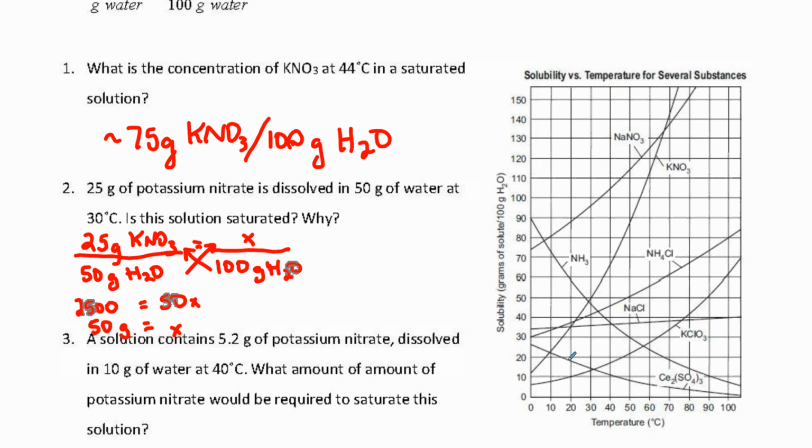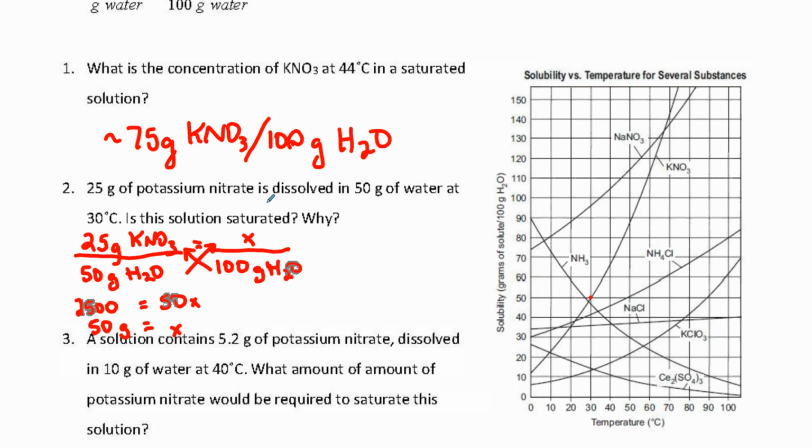If I go to read this graph, I always have to read as if I'm dealing with 100 grams of water. So I would be finding this 50 gram point, because if I have 100 grams of water, I would need 50 grams of potassium nitrate in order to have this same concentration. And I have 30 degrees Celsius. So 50 and 30, my point is right there.